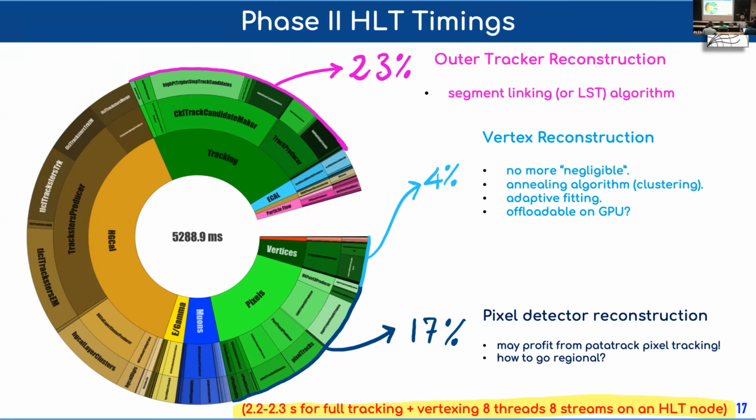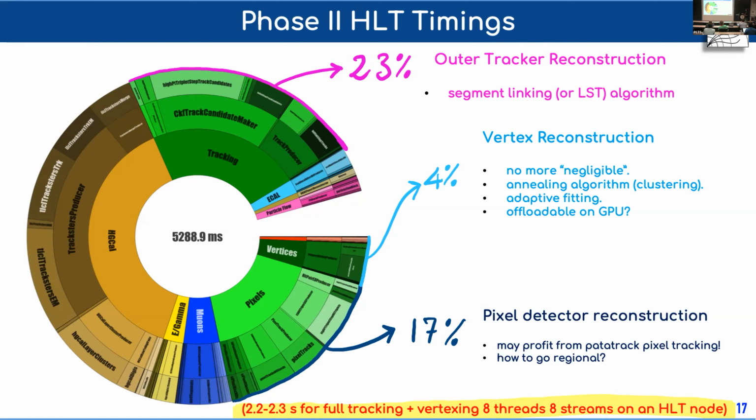And you see 23% comes from the outer tracker, and 17% from the pixel detector reconstruction. As you have seen yesterday, for the outer tracker we can profit from some new algorithms, like the formerly known segment linking, now line segment tracking algorithm.